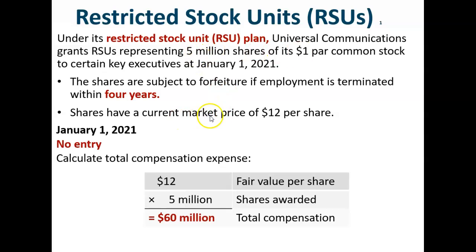If the market price of the stock at the date of grant was $12 per share, $1 of which is credited to the common stock account, that leaves $11 per share to be credited to the paid-in capital account. 11 times 5 million shares is $55 million of paid-in capital in excess of par.